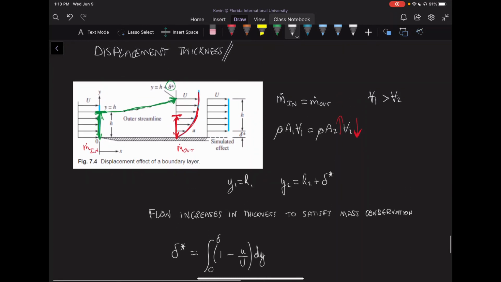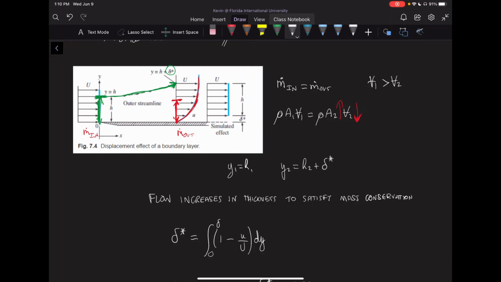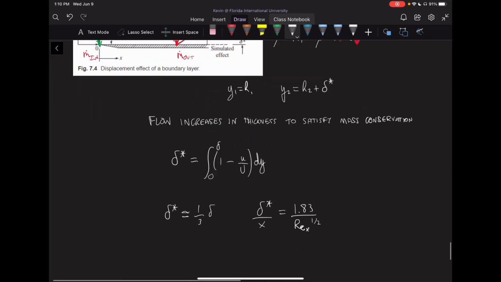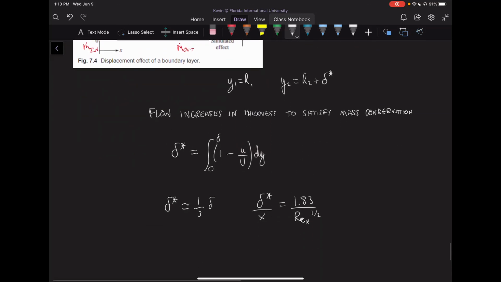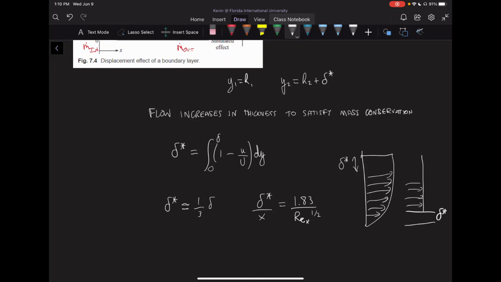If we look at this d star, we can actually simulate our flow by saying, if the flow goes up by d star, instead of having a flow profile that looks something like this, if we know that mass is conserved and we know that the flow has moved up by a certain amount d star, we can redraw it as if there was a gap at the bottom of d star, and then we have a straight flow of the same height y as before.